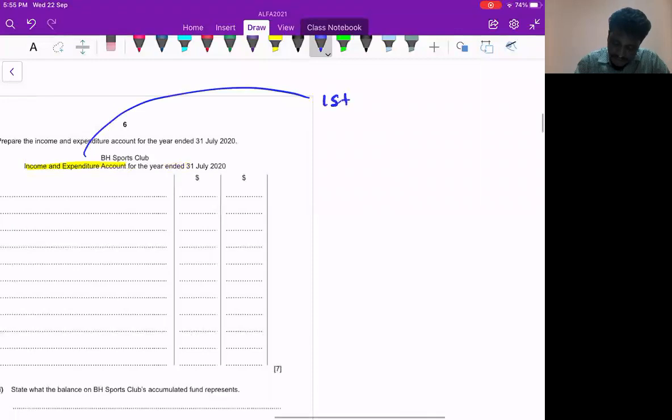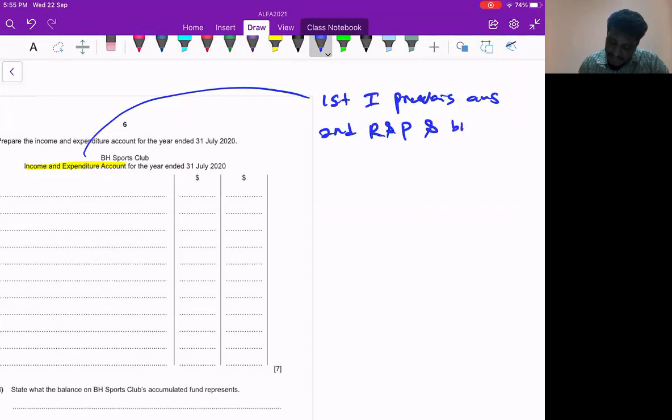First, you check the income. You check the income from the previous answer. Do you have any income or not? Second, you check the receipt, and also balance BD and balance CD.